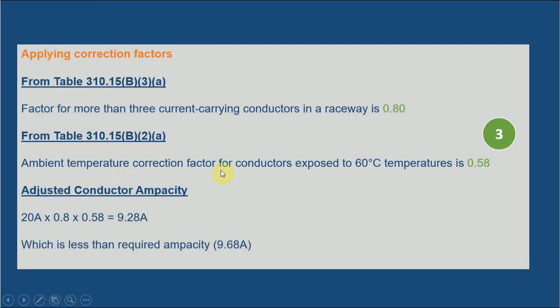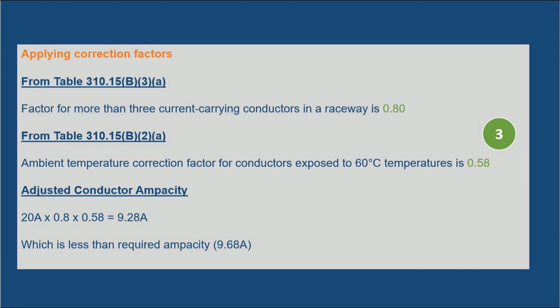For the ambient temperature correction, we account for 60 degrees Celsius, and this comes to 0.58. Applying these two factors, multiplying the conductor nominal ampacity by 0.8 and 0.58, we get an adjusted conductor ampacity of 9.28, which is less than the required ampacity.